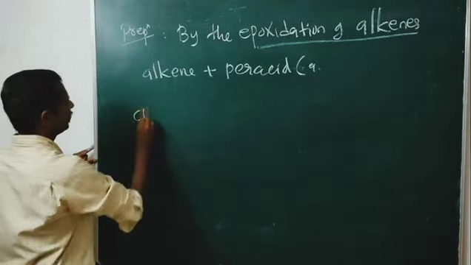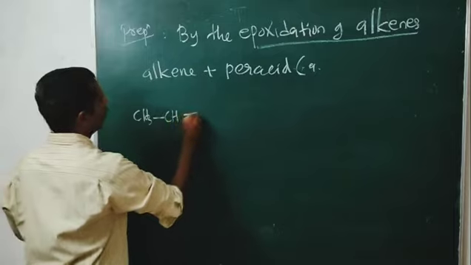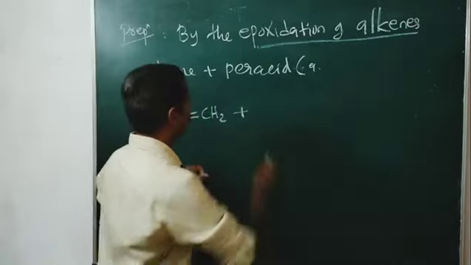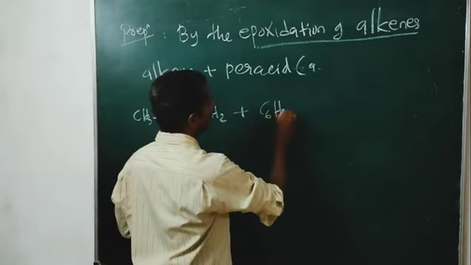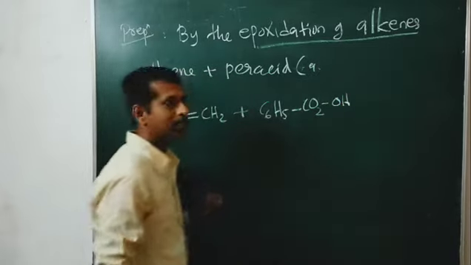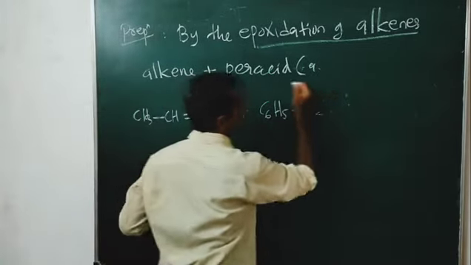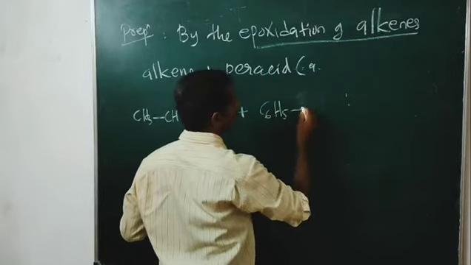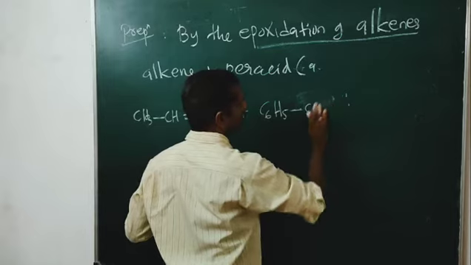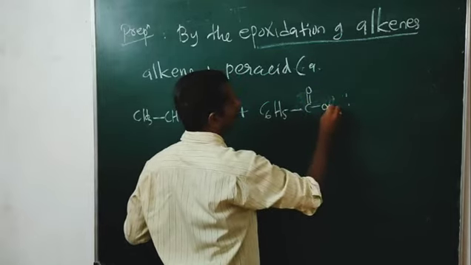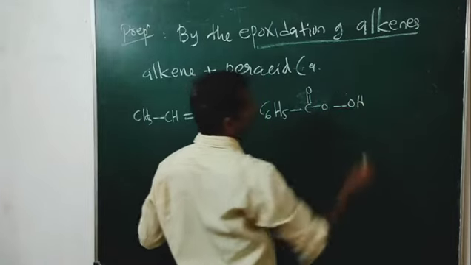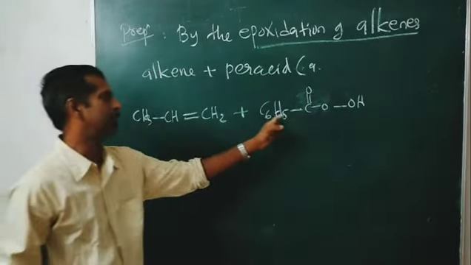So look at here, CH3CH=CH2, propene, reacts with perbenzoic acid. How will you write perbenzoic acid? C6H5CO3H, that is C6H5CO2OH. Benzoic acid is C double bond O, OH, and here you can see OOH. This is perbenzoic acid.